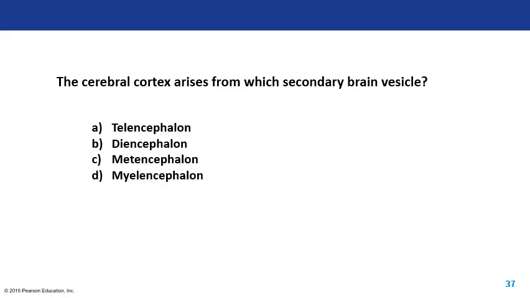Okay, so let's get to more interesting things. Another question: the cerebral cortex arises from which type of secondary brain vesicle? This one you have a good mnemonic to help you out.